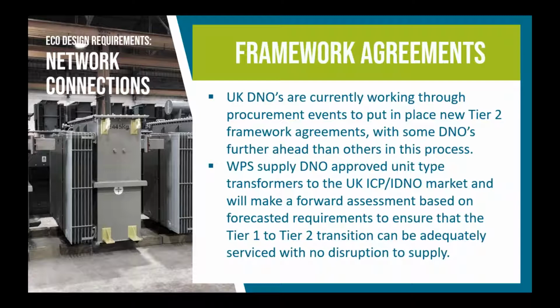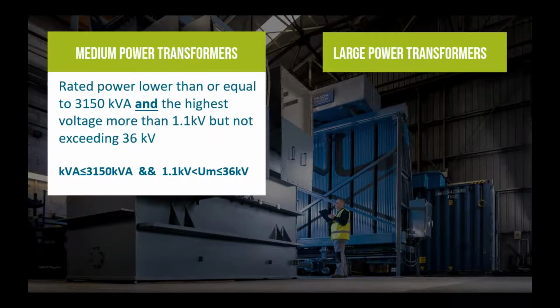Now, just to show some definitions about how the regulation keeps referring to medium power transformers and large power transformers. Medium power transformers are usually rated lower than or equal to 3,150 kVA, and the highest voltage is more than 1.1 kV, but not exceeding 36 kV.